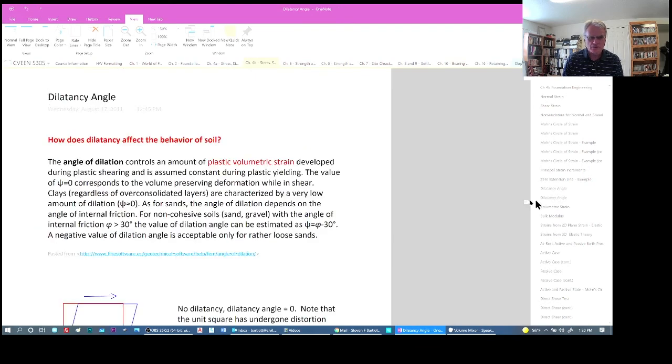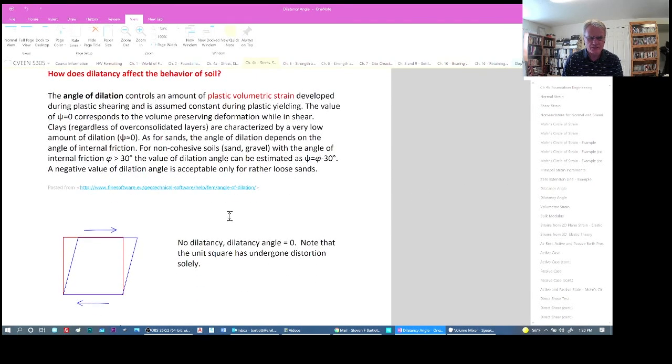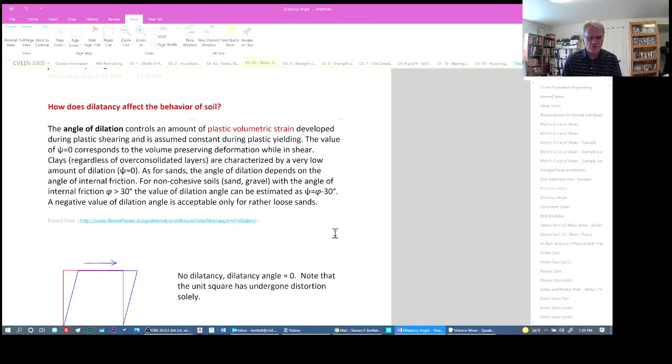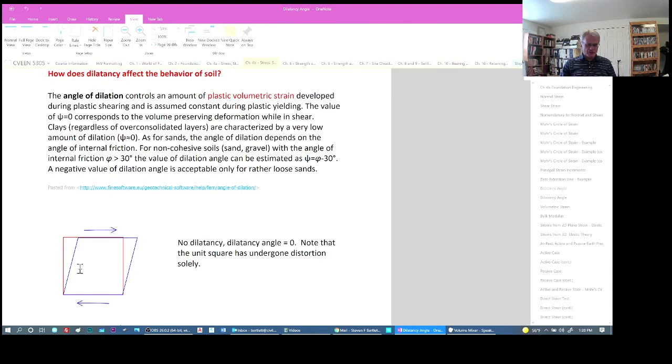Now let's define how we get dilatancy. First, let's just think of something undergoing pure shear strain. So I've drawn an element here in red, and I've distorted it by pushing it to the right. But notice that there's no expansion or contraction going on. So this is what we call pure shear. And in this case, there's no dilatancy or change in the volume of this specimen, because those two triangles are equivalent.